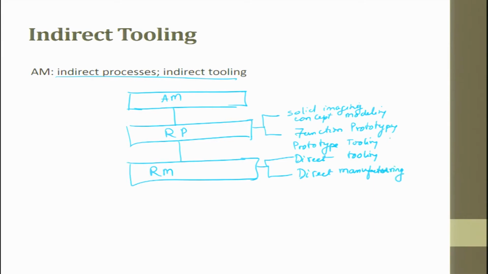Okay. When we bundle these two, it is nothing but what leads to rapid tooling. Okay. So, from here, let me put a star here, and this star represents indirect prototyping, and the other one, an offshoot of this, we will have indirect tooling.